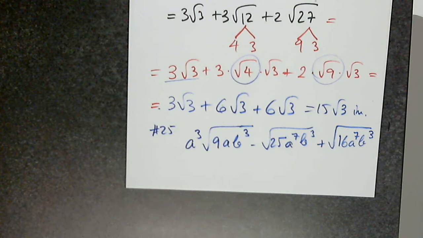Let me read this again to you. A cubed times the square root of 9ab cubed minus the square root of 25 a to the 7th b to the 3rd plus the square root of 16 a to the 7th b to the 3rd.